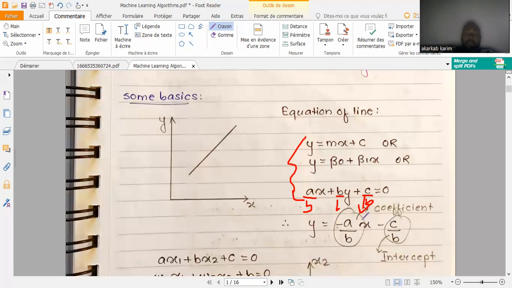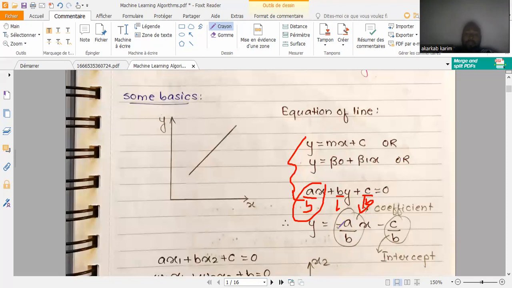To find this formula, we just pass this coefficient to the other side: a times x divided by b. If we change the place of this coefficient to the other side, the sign of this coefficient should change.